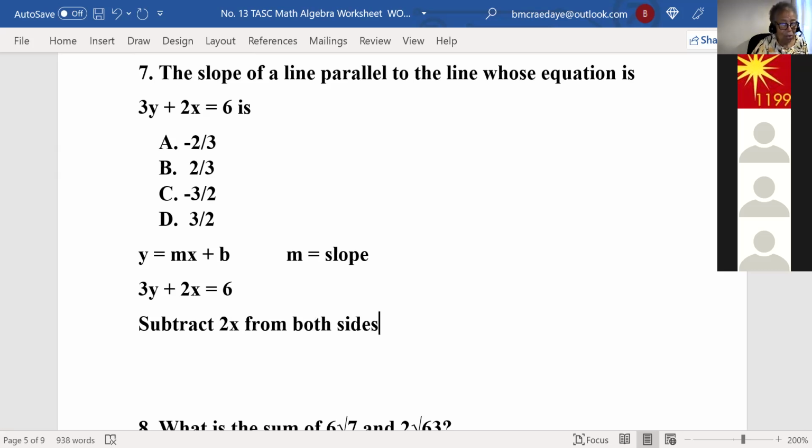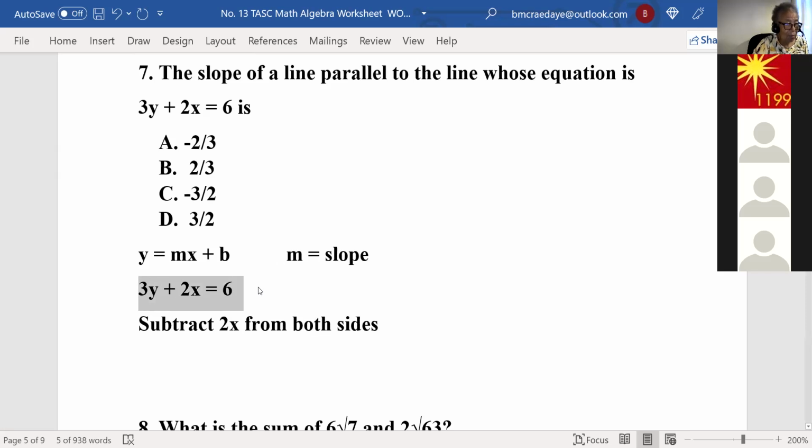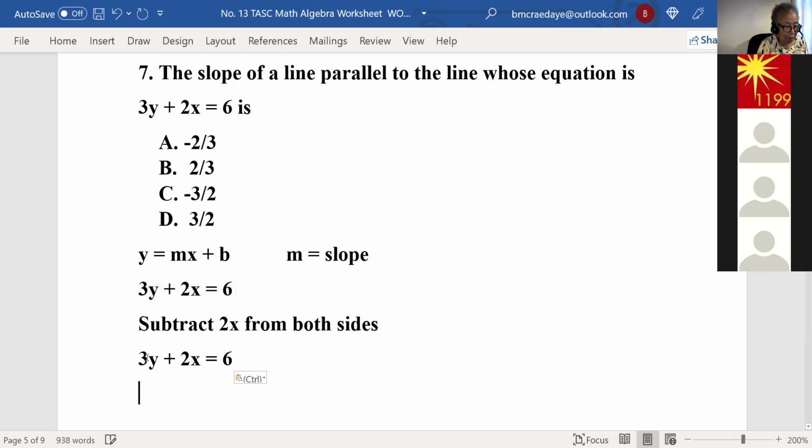That's your first step. Maureen, you following? Because we want to get that x over here because we have mx on the right. Vanessa says subtract because it's being added, so we're doing the opposite of addition, which is subtraction. So let's put the minus 2x on both sides, subtract from both sides.